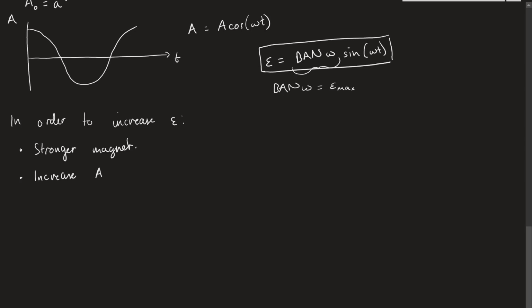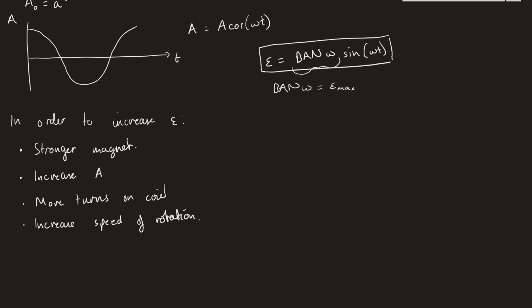So I can increase A. I can have more turns on the coil, so I can increase N. And I can also, in this case, increase the speed that I'm rotating it. Okay, so I increase the speed of rotation. And changing these four things will lead to a larger EMF that's induced.